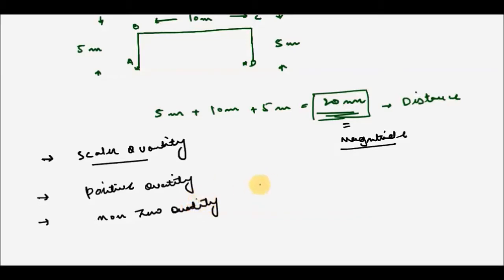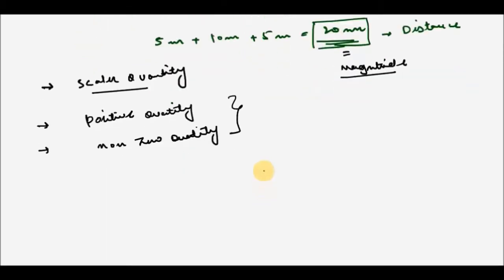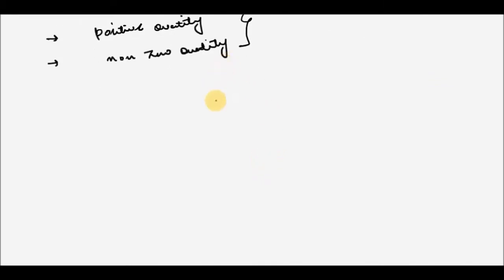There has to be a measurement between any 2 points. It cannot be equal to 0. In this case, the measurement was 20 meters, right? I don't think there's much need for explanation in these 2 points, so I'll move ahead and talk about displacement now.